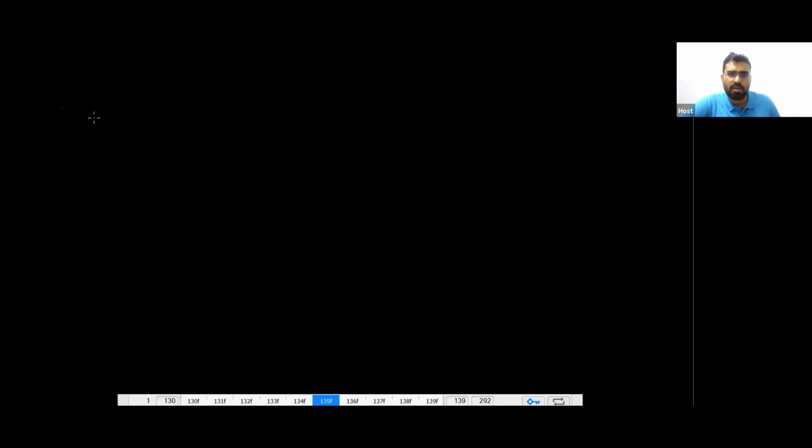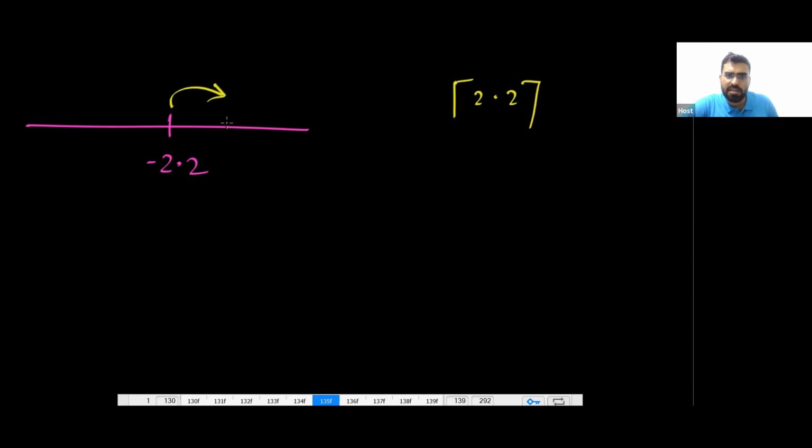For example, if you are at minus 2.2, what will ceil do? Ceil will take you to the larger nearest integer, that is minus 2.